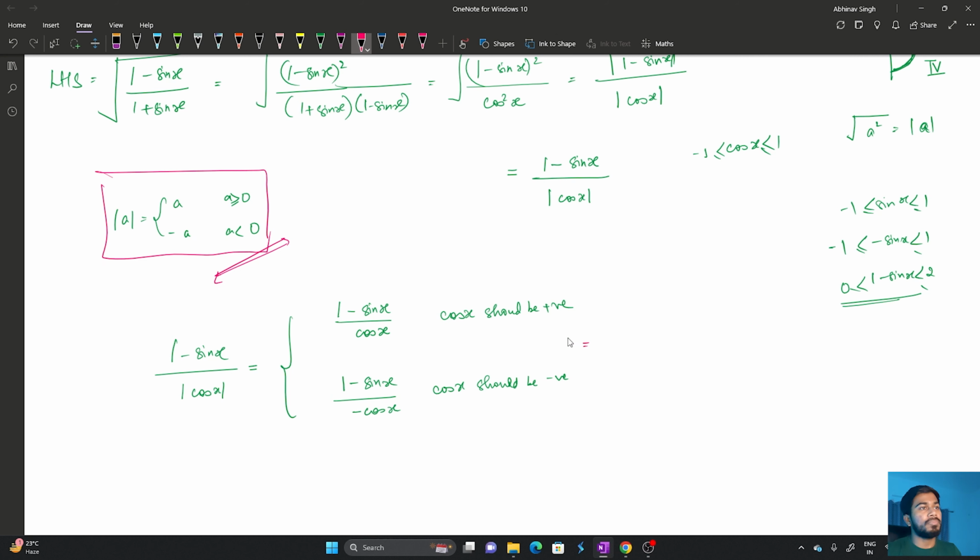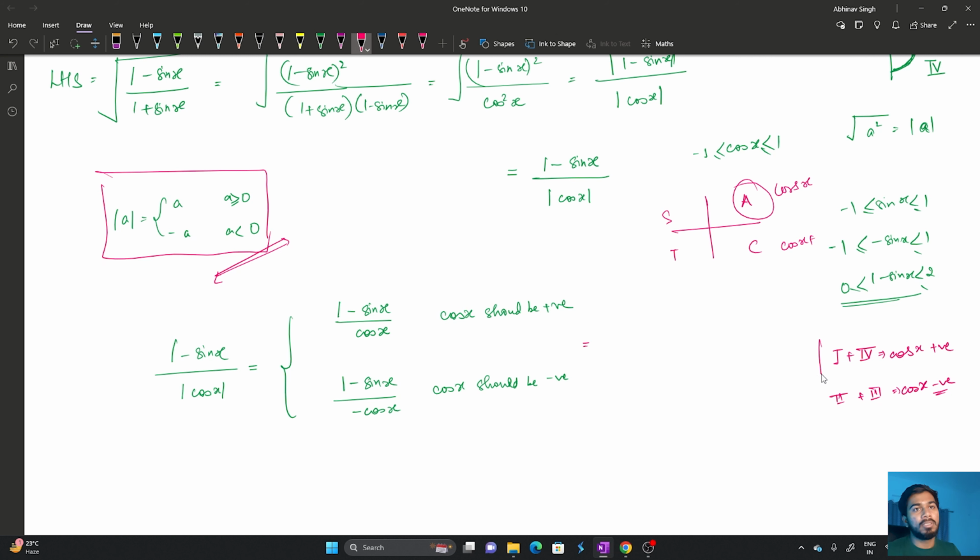Now okay, in what all cases is cos x positive? So all positive, here cos is positive, and here cos is positive, which means in first quadrant and fourth quadrant cos x is positive, and in second quadrant and third quadrant cos x is negative.